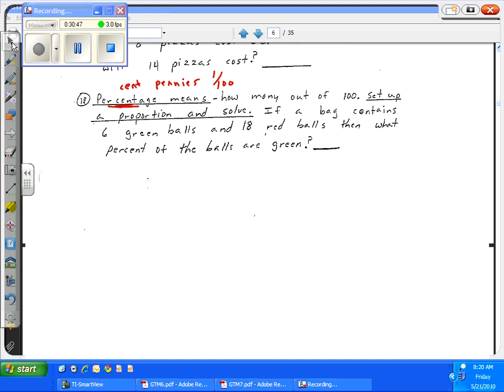Now, there's several ways that we could solve this percentage. We're going to look at 3 ways. First of all, here's using the proportion method. What we're going to do is put green over total is equal to percent over 100.